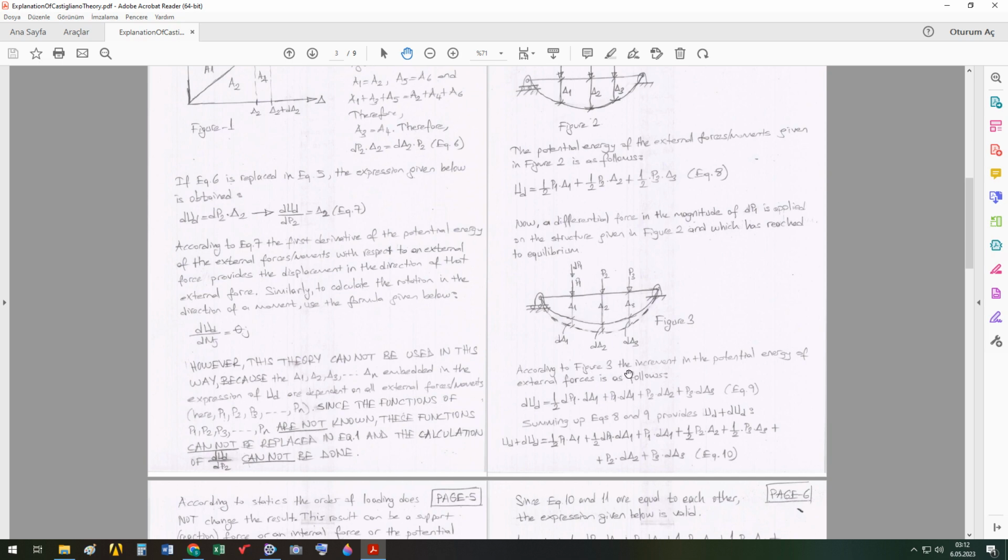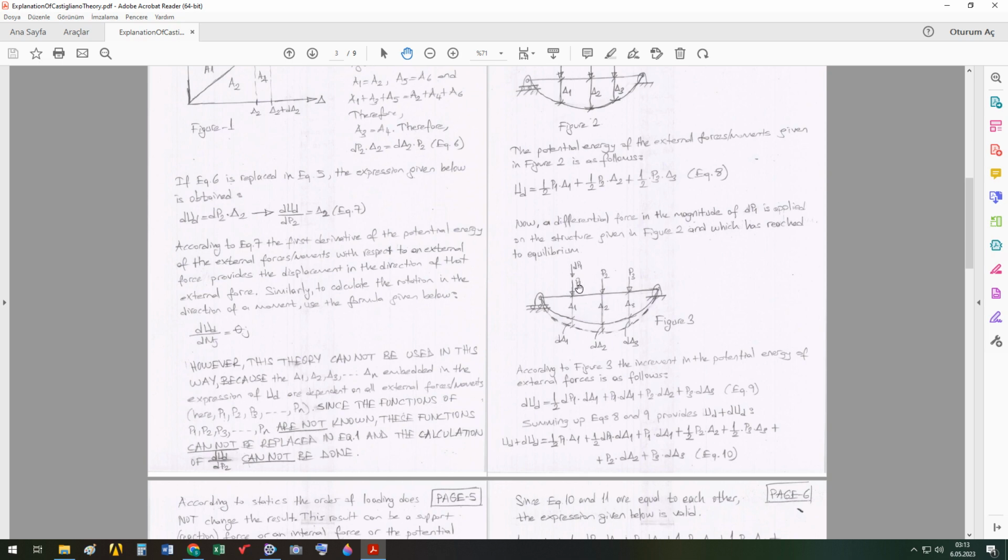According to figure 3, the increment in the potential energy of external forces is as follows. Now, this is the increment: 1 over 2 dP1 times d delta 1. This is the static load. Its value is increased from 0 to its final value, dP1. That's why the average value is 1 over 2 times dP1, the average value of the static load, times the displacement increment along itself.